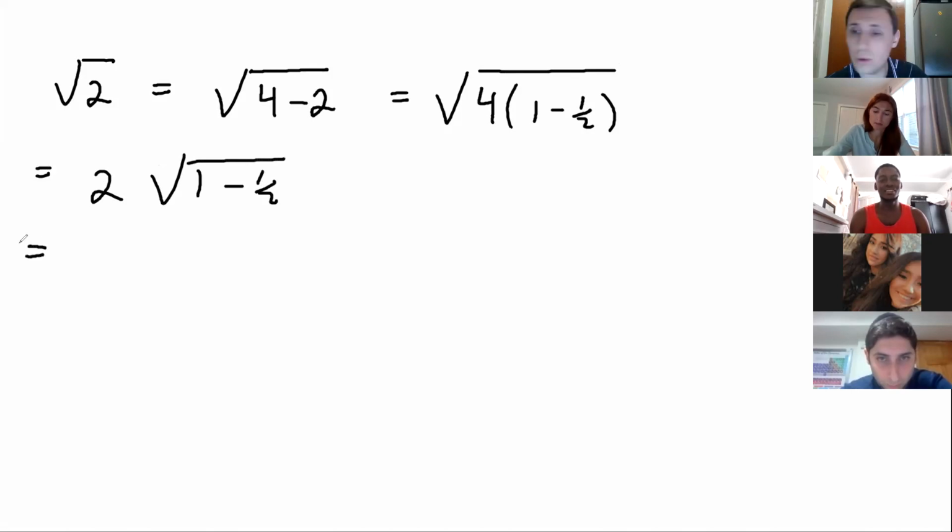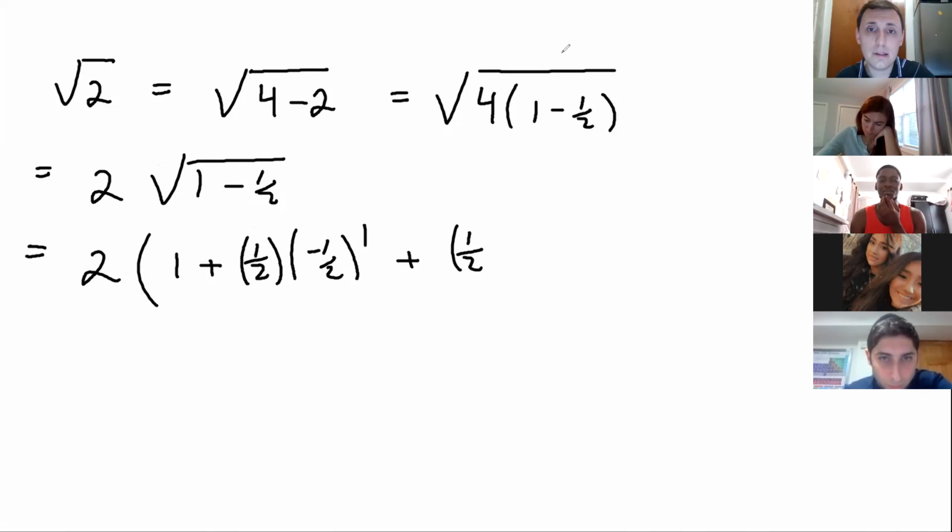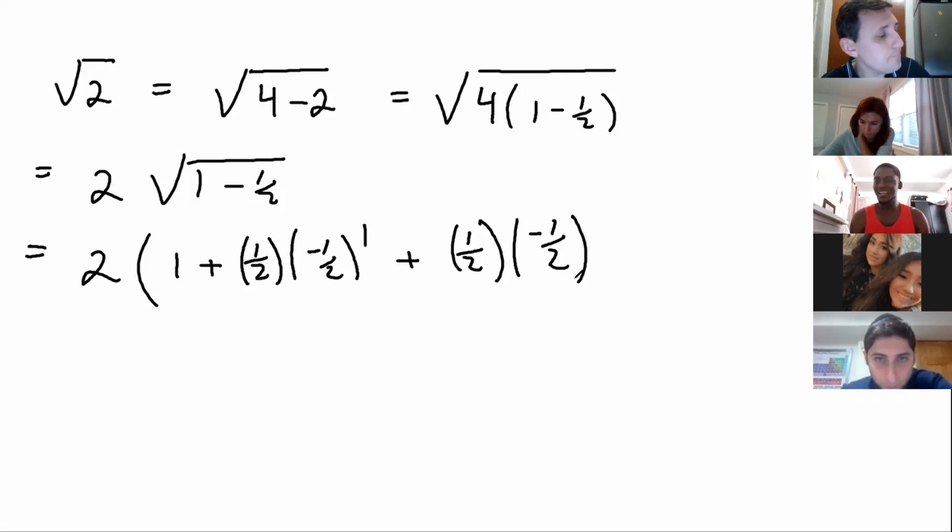Which according to Newton's binomial formula will be 2 multiplied by 1 plus 1/2 multiplied by x, which is in this case minus 1/2, to the power 1, plus 1/2 times minus 1/2 times minus 1/2 squared.